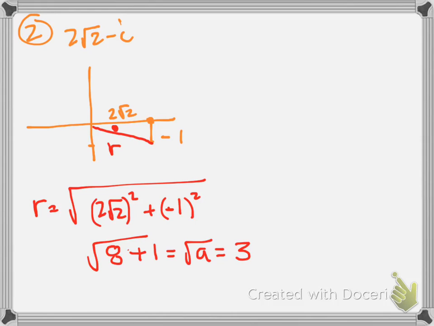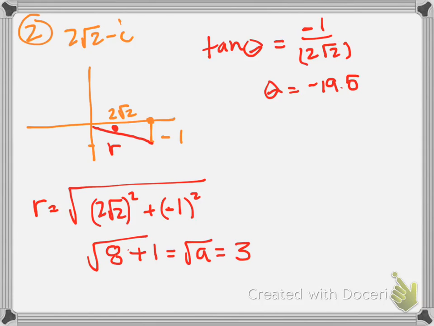Alright, and then in order to find theta, I can say tangent of theta equals -1 divided by 2 square root of 2. Again, you better put all of that in parentheses when you put it in your calculator, but I believe your calculator gives you -19.5 degrees. Alright, so when I report this answer, I'm going to say 3 parentheses cosine.